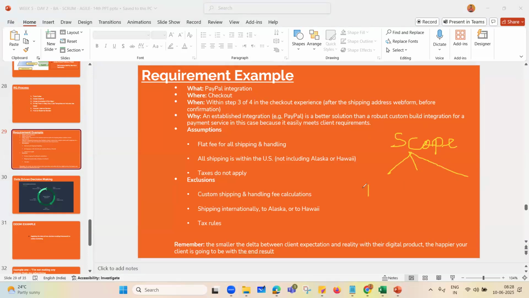First thing you need to mention is called inclusion. Inclusion means whatever the customer has said, and that we are going to include. The second item is exclusion. What the customer has mentioned not to include, we are going to maintain in exclusion.